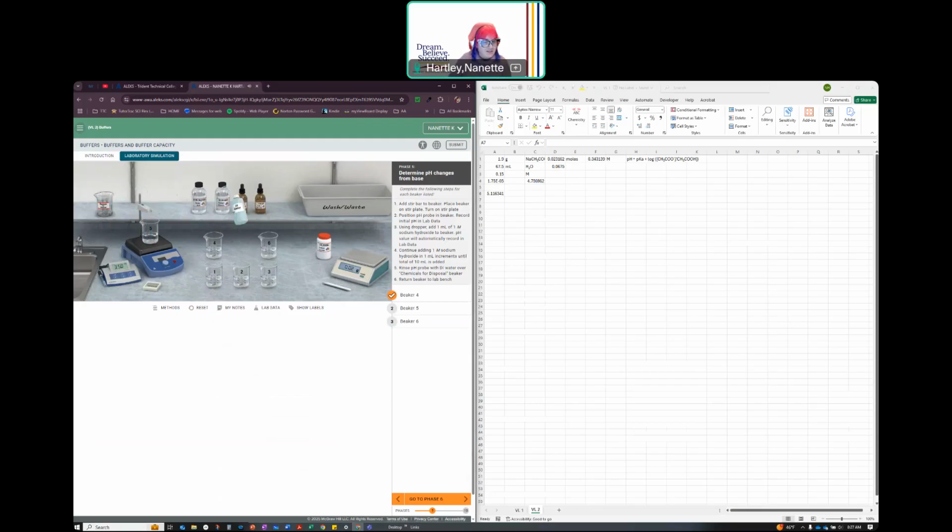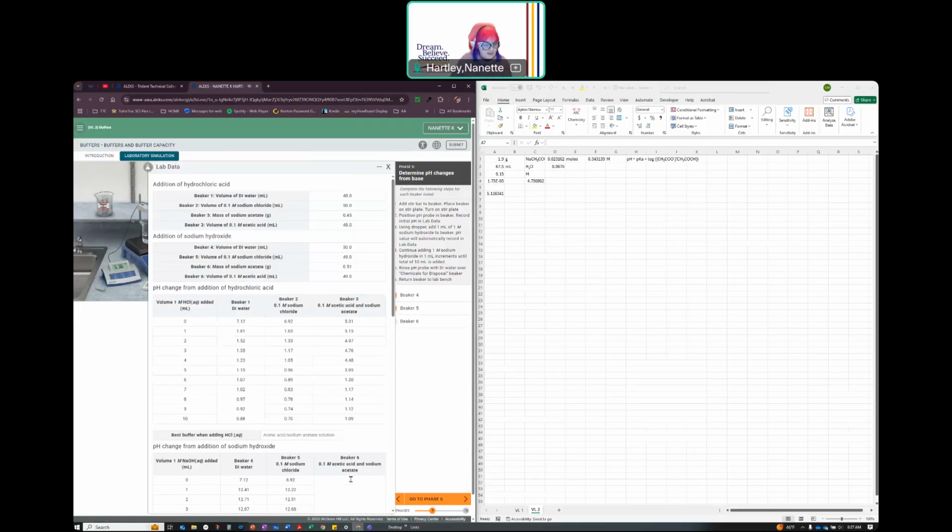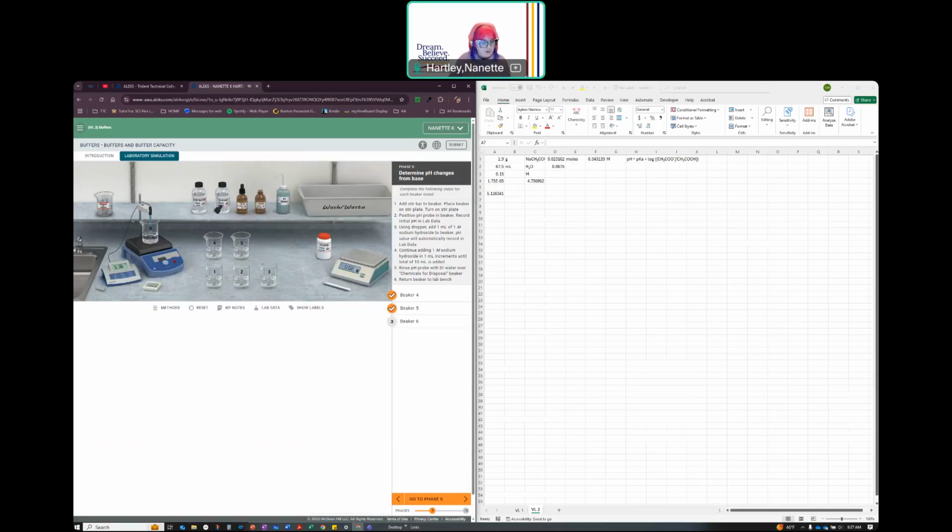Take this off. Stir bar into here. Data. Initial pH is 5.36. A little bit lower than it was before. So sodium hydroxide hasn't changed nearly as much.